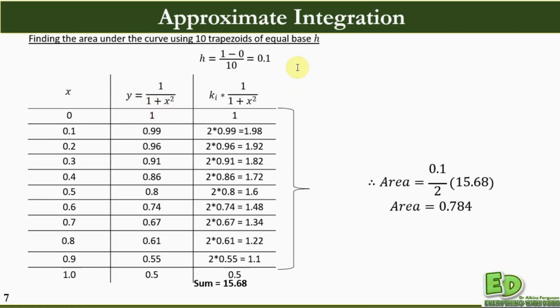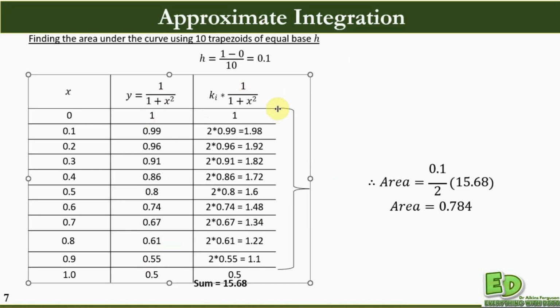On the final column, what we are going to do is multiply what you have here by the coefficient under the trapezium rule. So what are the coefficients of the trapezium rule?